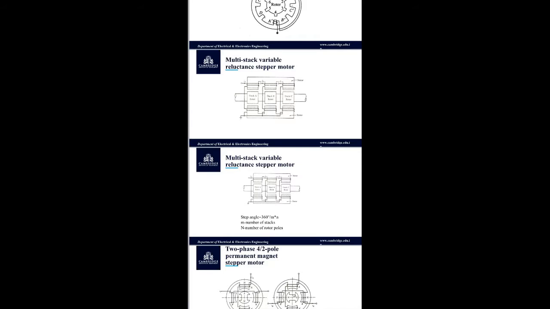That is the 10 degree. For every step, it moves for every excitation. If phase A is excited and then de-energized and then phase B is excited, rotor moves 10 degree from its original position. So the step angle is given by 360 degree divided by M times N, where M is the number of stacks here and N represents the number of rotor poles.